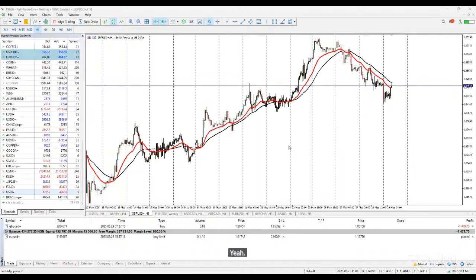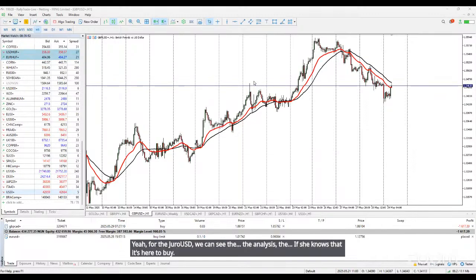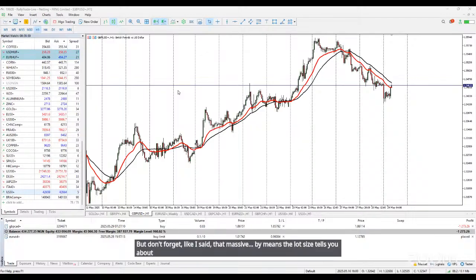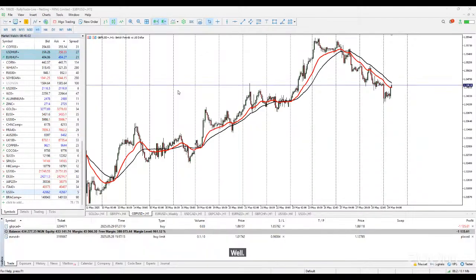For the Euro USD, the analysis is showing us that it's going to buy. But don't forget, like I said, that massive buy means the lot size that you're about to use, not necessarily that.